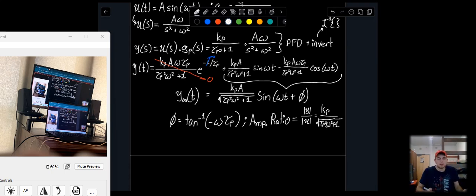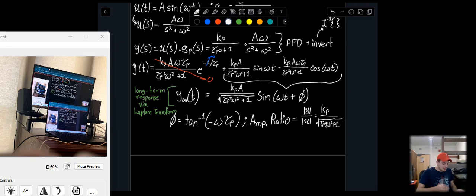Okay, so here's our long-term response via Laplace transform. And we've just gone ahead and defined two other terms that will come up very shortly.